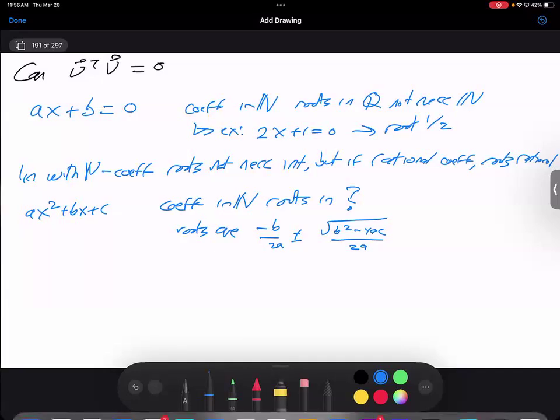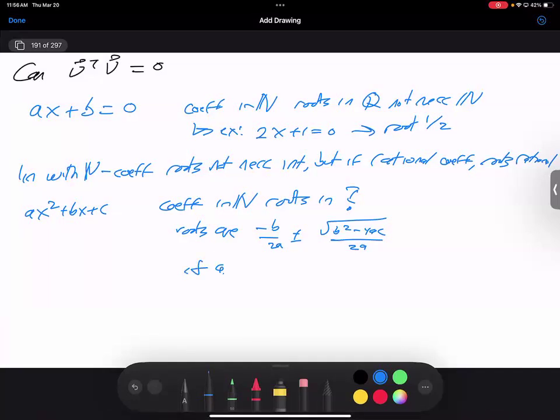If a, b, and c are rational, can I get, say, 3/2 square root of 7 plus the square root of 11 i? Is that possible?